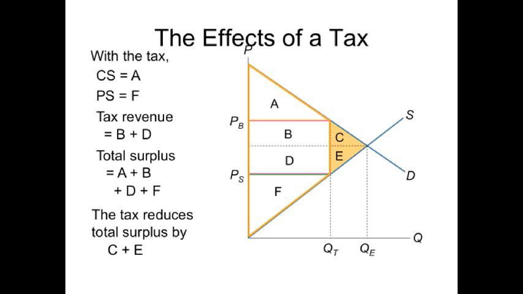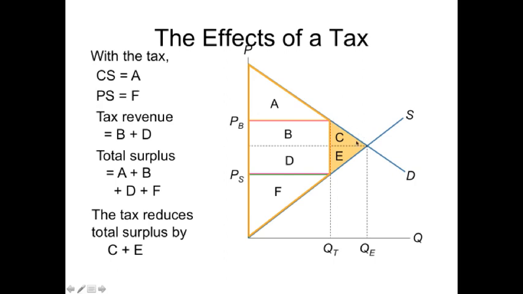And if you try to think about what do we mean by it's gone, how could that surplus just be gone? When you put in a tax, you now have sales that aren't going to take place anymore. Without the tax, the quantity was at this QE. That was the equilibrium quantity. These buyers in this shaded area where you see the C and the E, you had buyers who are willing to pay more than the equilibrium, but less than this PB, right?